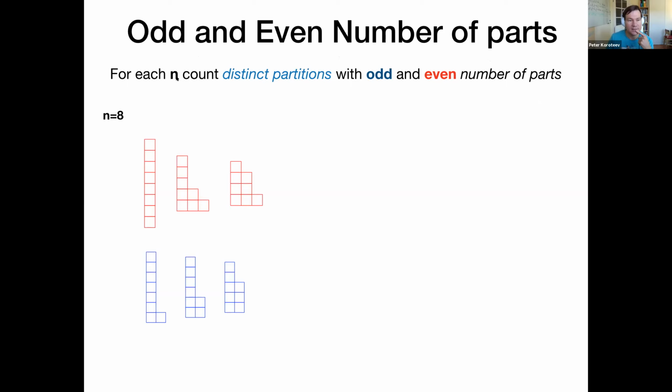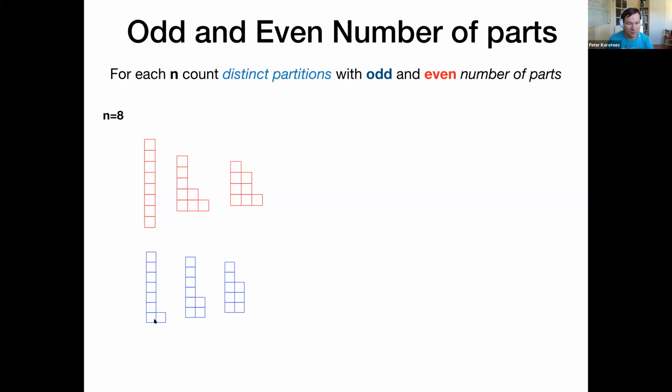Say for each n we count distinct partitions, so only those which are distinct, so every part is different. And then every integer is either even or odd. So here, for example, for n equals 8, we have these 3 partitions in red, which have 1 and 3 parts. So these are the odd ones, and those in blue are even.